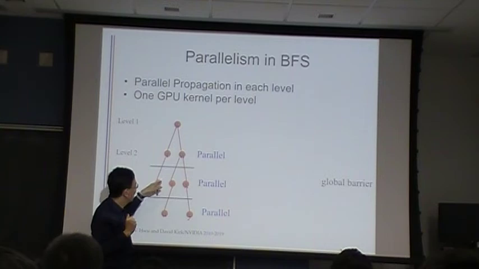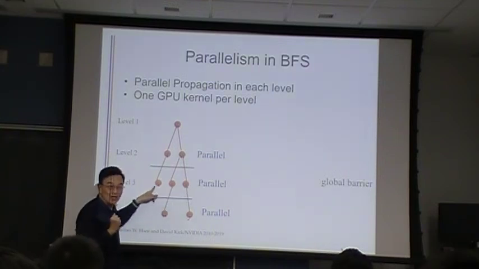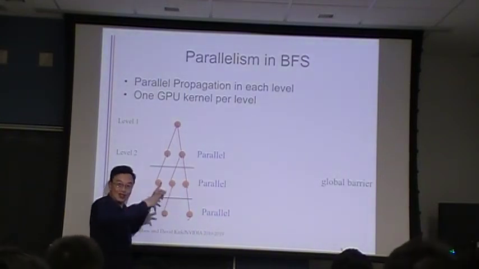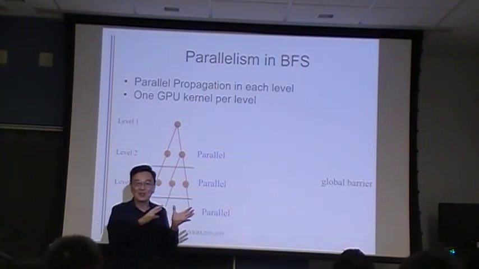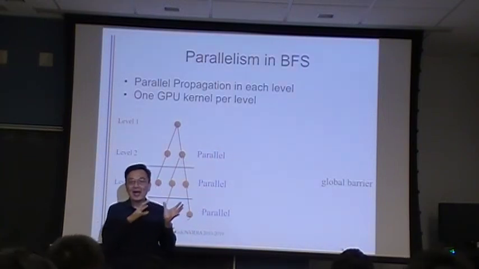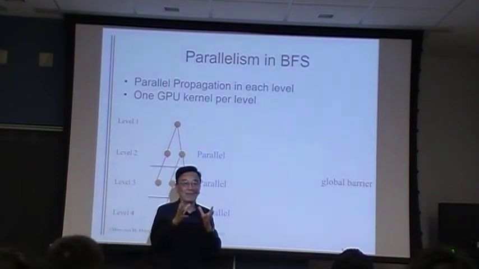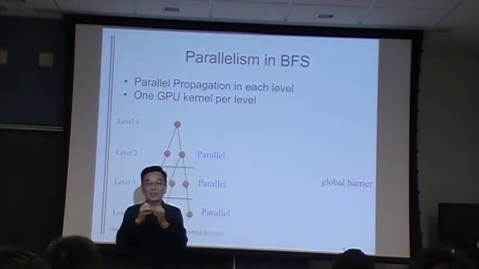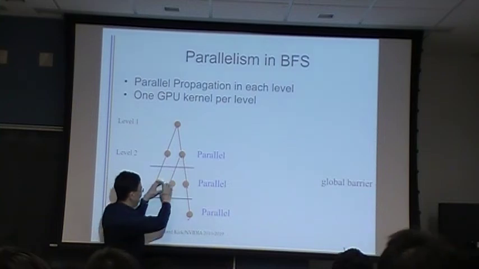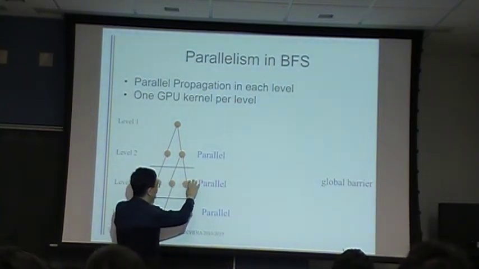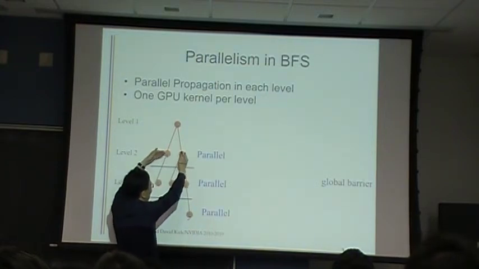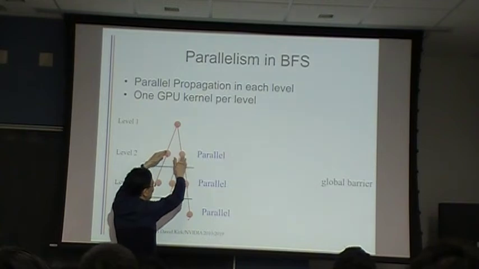And then they need to have an orderly way to insert the new frontier nodes into the queue, and that is an atomic operation. We need to assemble a good array representation of the frontier from the computation result of the previous frontier.